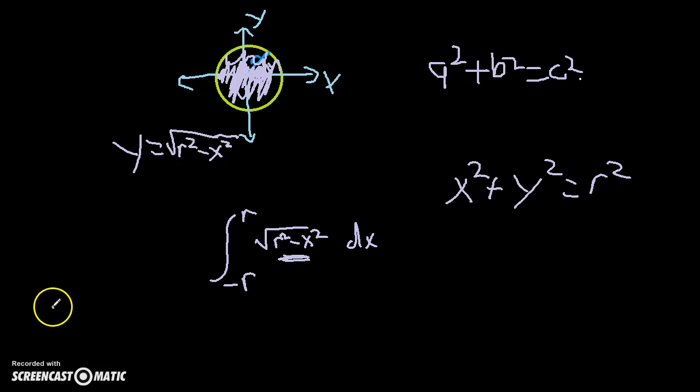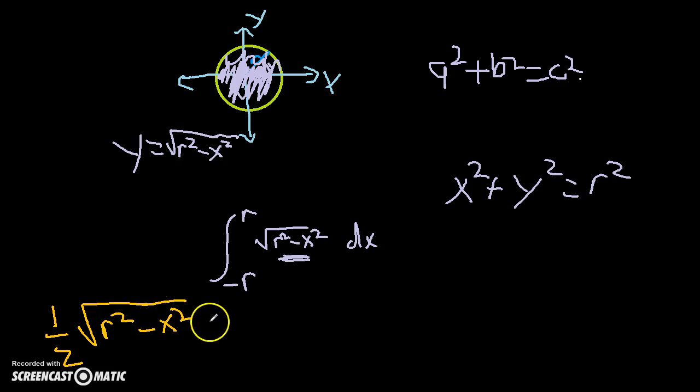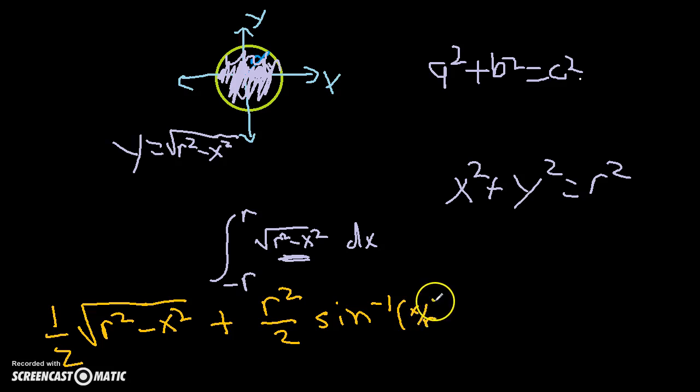The integral is 1/2 times the square root of r squared minus x squared plus r squared over 2 times the arcsine of x over r.